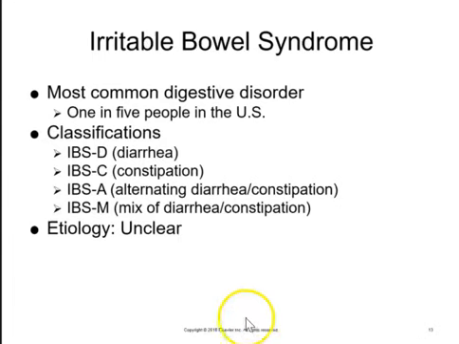Okay, IBS, irritable bowel syndrome. Pretty common in the United States with 1 in 5 people. And this causes chronic or recurrent diarrhea, constipation, abdominal pain, or bloating, or all of it. So they could have IBS with diarrhea, IBS with constipation, or a mix of both.